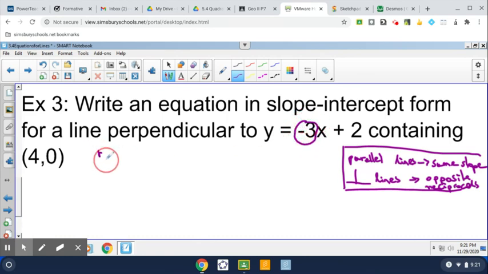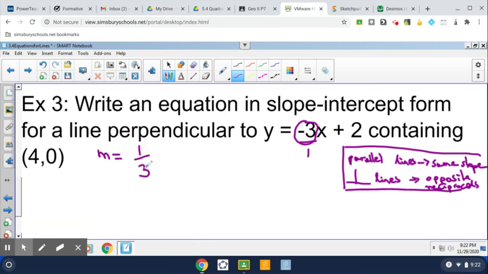So if m is equal to -3, what will be the slope of the perpendicular line? In other words, what is the opposite reciprocal of -3? You can always think about -3/1. So flip it and change the sign. So the slope would be 1/3.